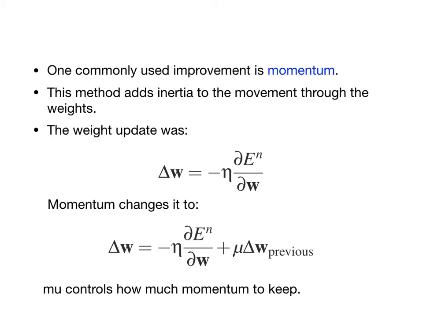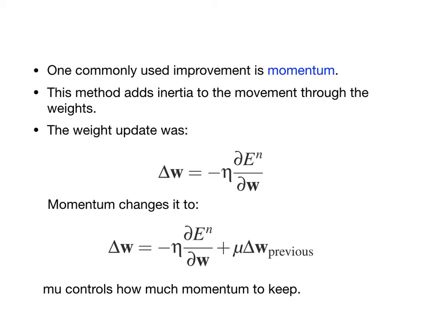So it becomes the weight change that we calculated for this pattern, plus mu, which is the momentum control, times the weight change that we made in the previous step, or maybe the previous epoch, depending on how we train it.